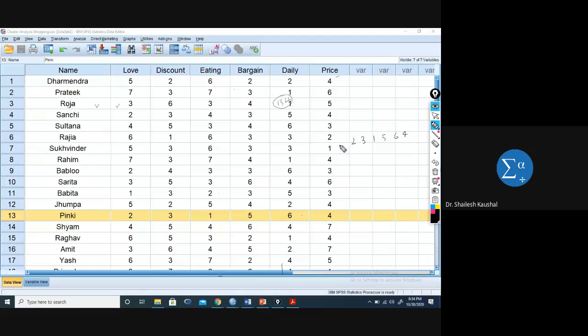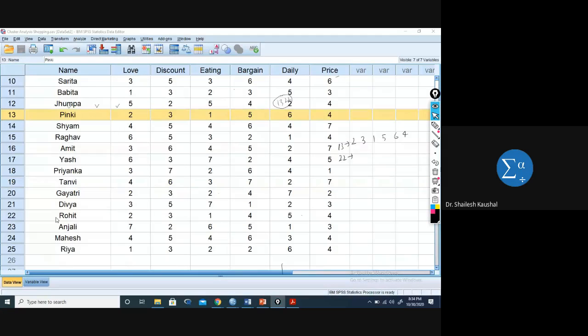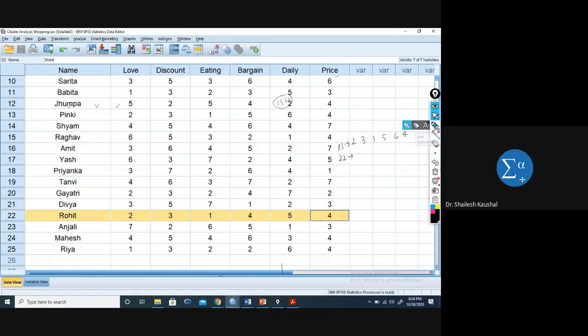This is 13. And the options of respondent 22, named Rohit: 2, 3, 1, 4, 5, 4. So it is more or less the same.